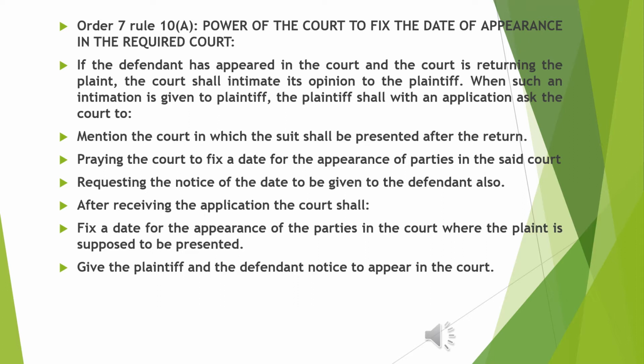When such an intimation is given, the plaintiff shall, with an application, ask the court to mention the court in which the suit shall be presented after the return, praying the court to fix a date for the appearance of parties in the said court, and requesting that notice of the date be given to the defendant also.